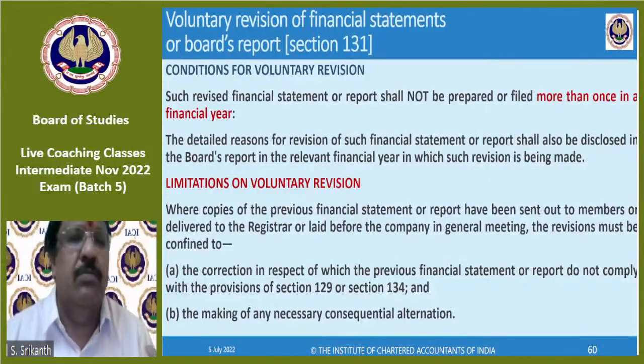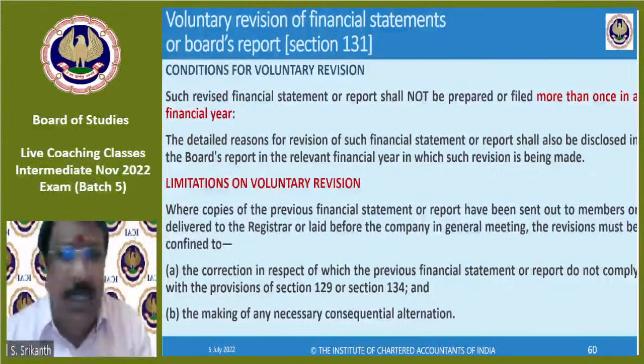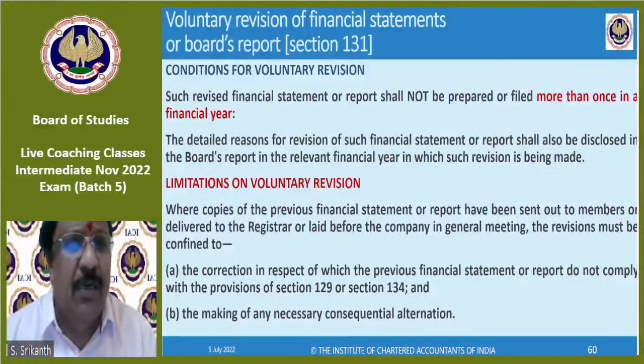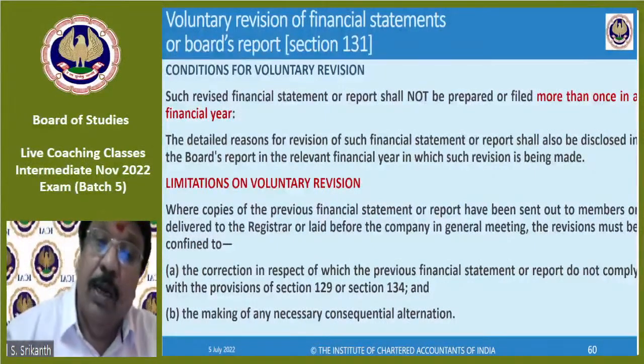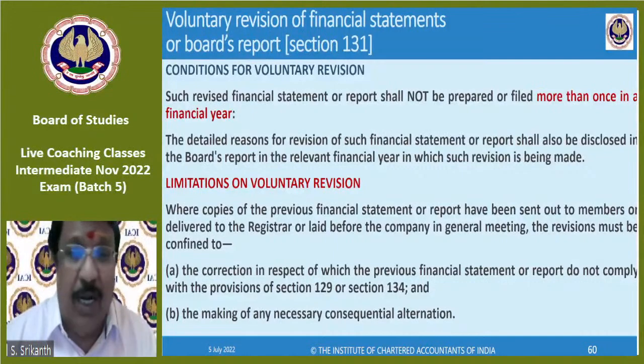Immediately preceding 3 financial years, it will come. So this year we revise it. Correction is valid. We do it. Audit also agrees. We get it adopted. We upload it, file it. No problem. So 22-23 is over now.